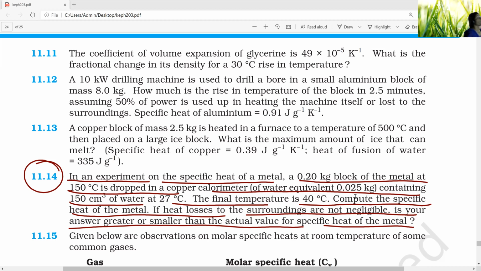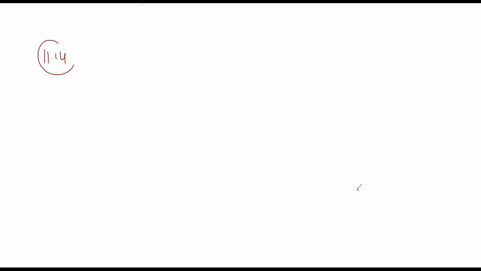Let us see how to solve this one. From the question, what have they given? The mass of the metal is given: m is equal to 0.20 kg, which converted to grams is 200 grams.